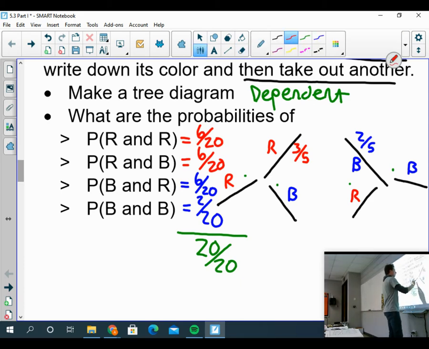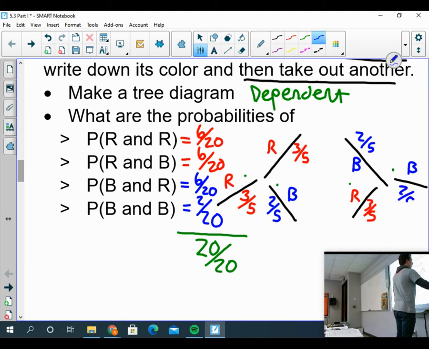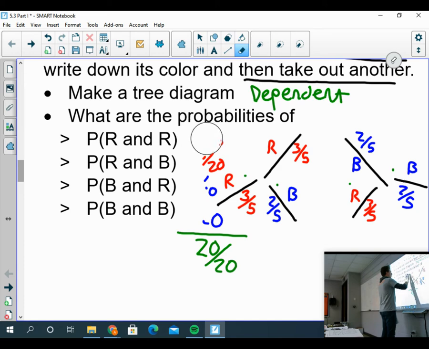You see, there would then be a 3 in 5 chance still that I chose a red ball, and a 2 in 5 that I chose a blue. 3 in 5 and 2 in 5. If you recalculated the probabilities over here, they will obviously be different.